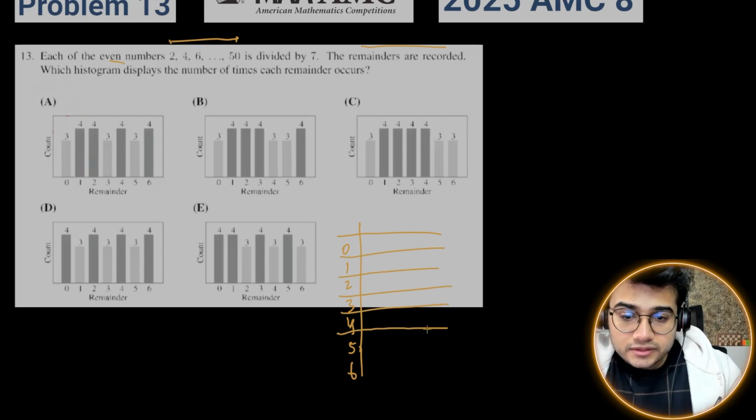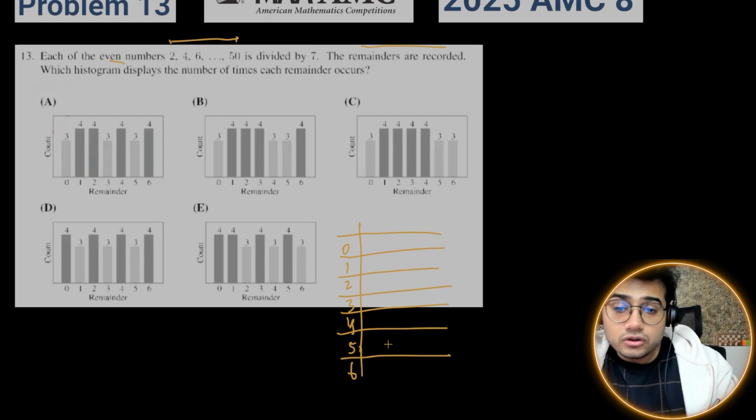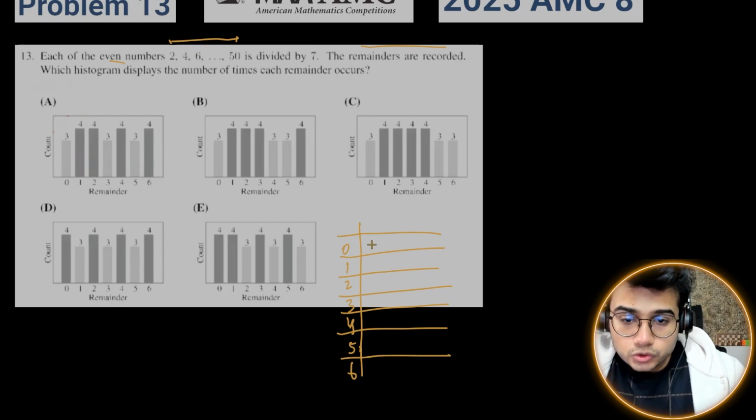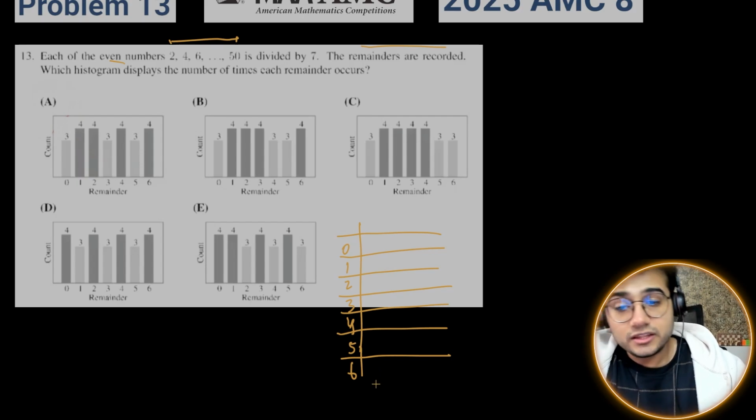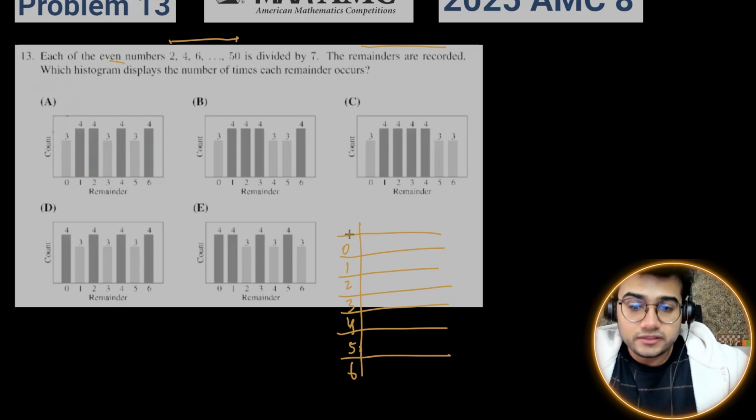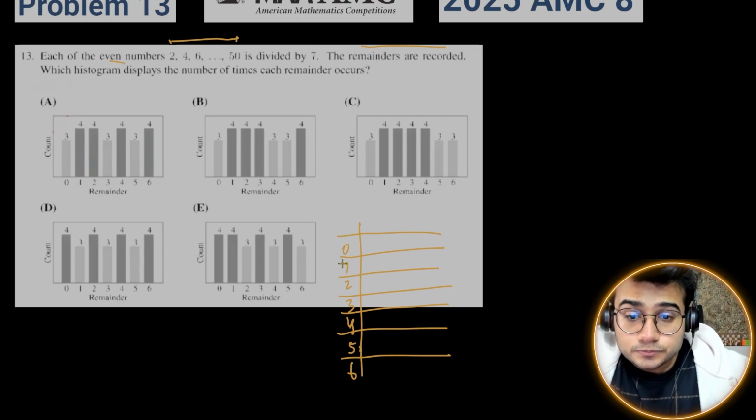Okay, and then you see that in order all the numbers will go through these 7 remainders. So 0, 1, 2, 3, 4, 5, 6, and then goes back to 0, 1, 2, 3, 4, 5, 6, and then it just keeps going like that incrementally. Now, since we're starting with 2, so that's 1. I'm going to tally here. Okay, so that's 1 remainder of 2, and then 3, 4 is going to be here, 5, 6 is going to be here.